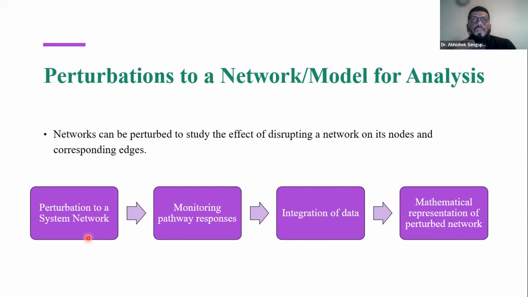If there is no change, that means those pathways are not very important for that particular problem, right? So this perturbation analysis is very important. You can even change the concentrations, or the expression values of various genes and proteins, and see what happens to the model, how the model behaves, right? So that is a very regular thing that we do in systems biology.